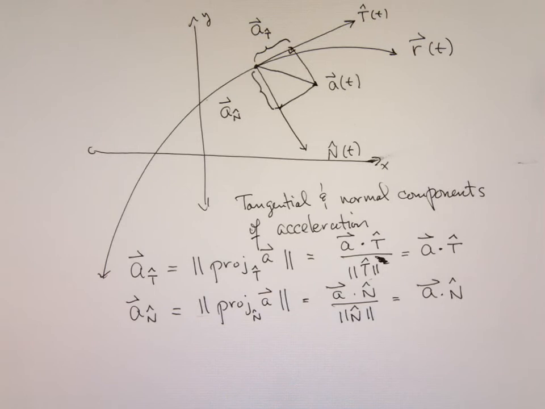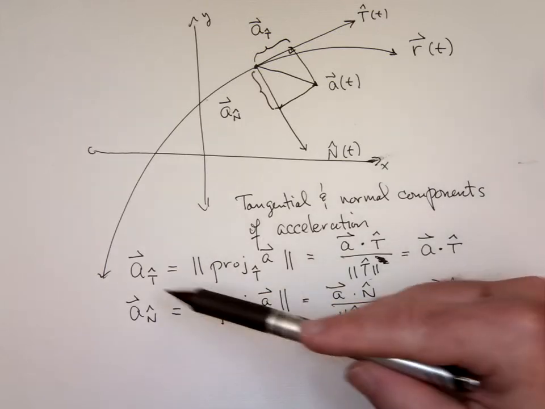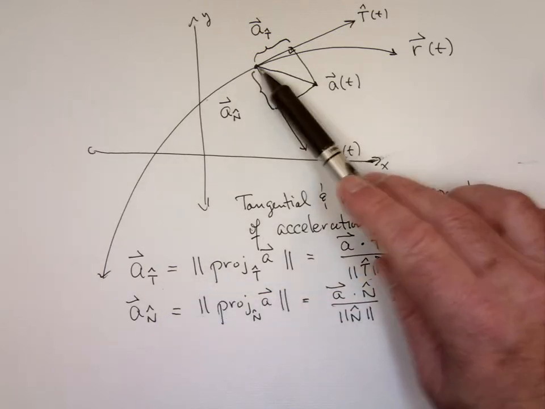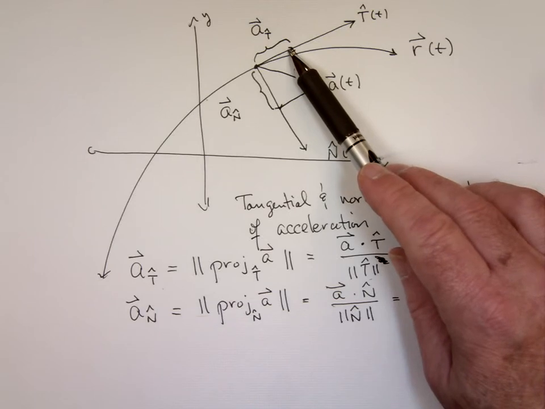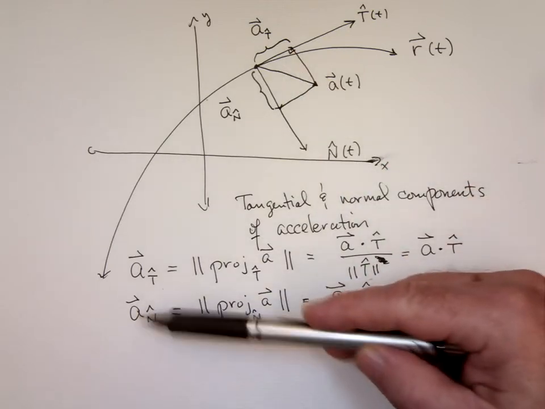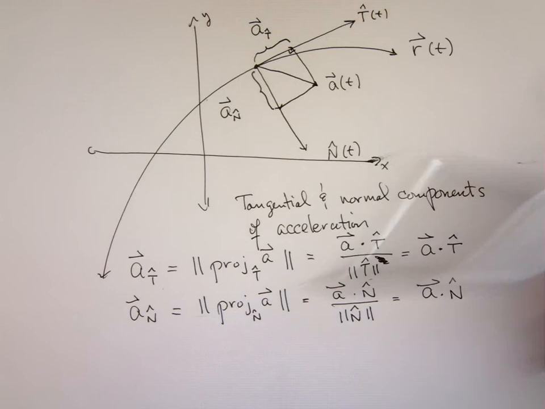Now, I'll give you an example in a minute, but if we were to take the tangential component of acceleration and square it, and add to it the square of the normal component of acceleration, what should we get?